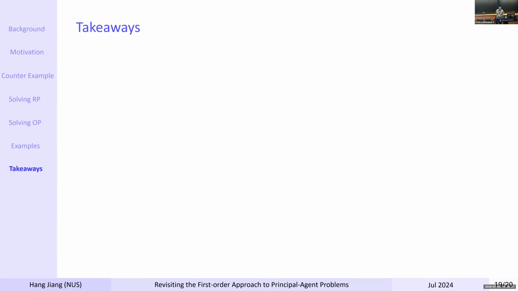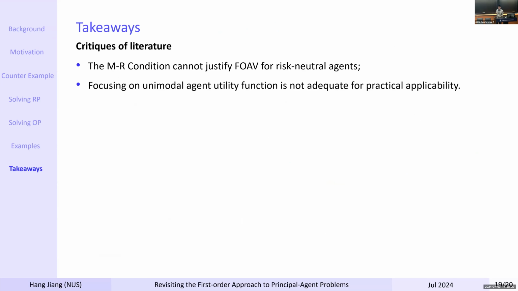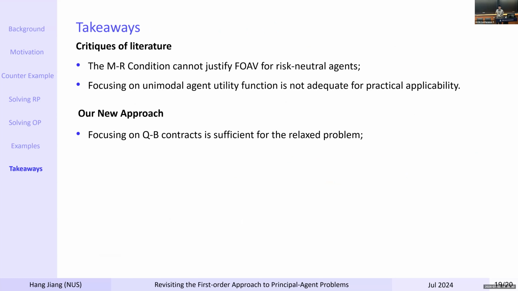So in this paper, we show that the Mirrlees-Rogerson condition cannot be justified for risk neutral agents. We show that focusing on a unimodal agent utility function is not adequate for practical applicability. And we propose our new solution approach. We show that focusing on QB contracts is sufficient for the relaxed problem. The notion of FOAB-QB is much better than FOAB for risk neutral agents.